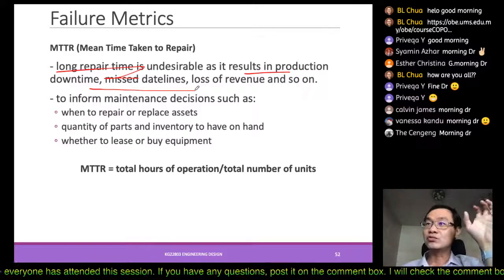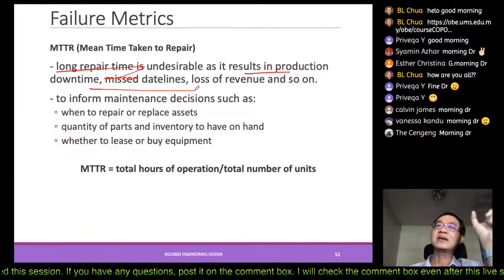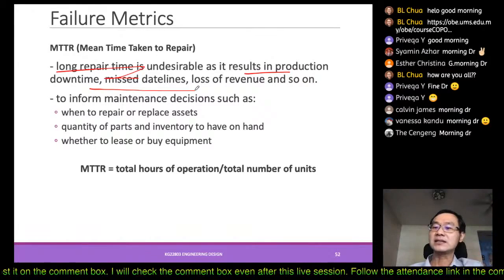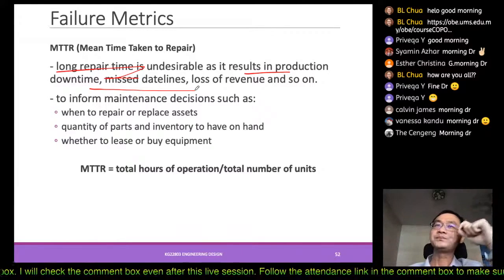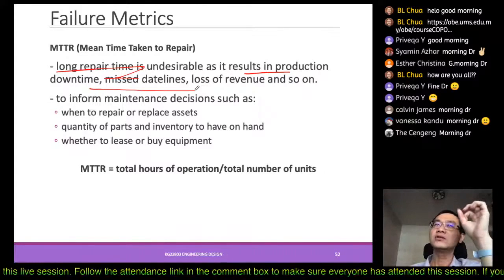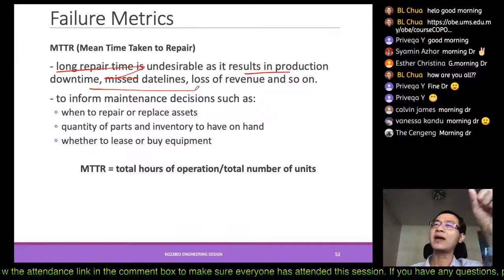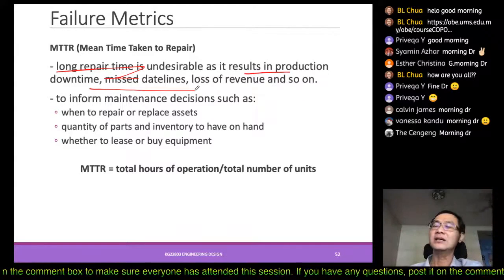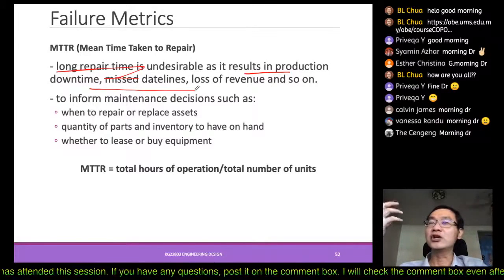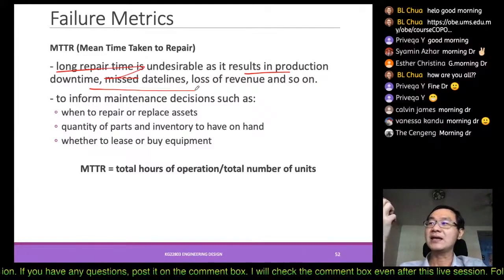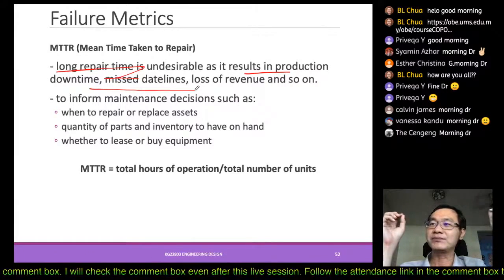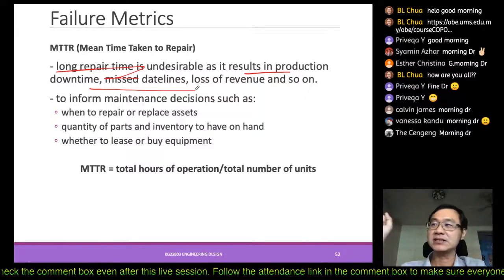So we intend to repair and estimate how long it takes. Maybe in order to repair a certain part, you may need to open up everything, even though it's a small component or bearing inside a machine, in order to replace or repair it. Therefore, that is the downtime or the repair time that you have to consider.